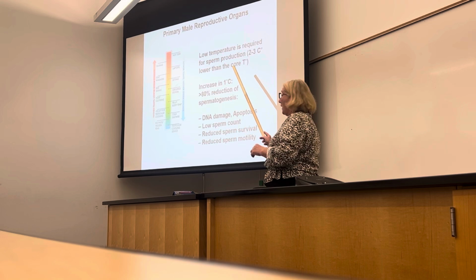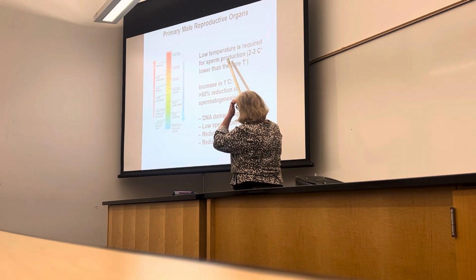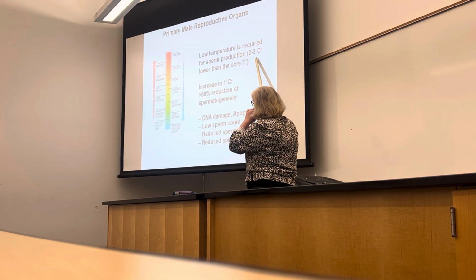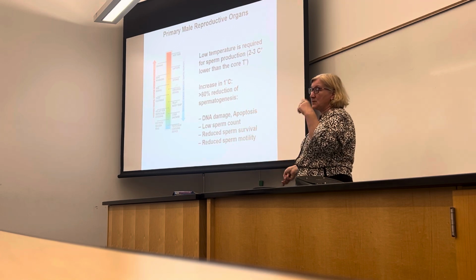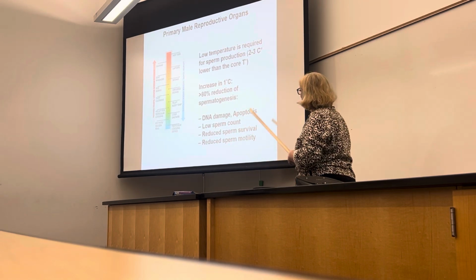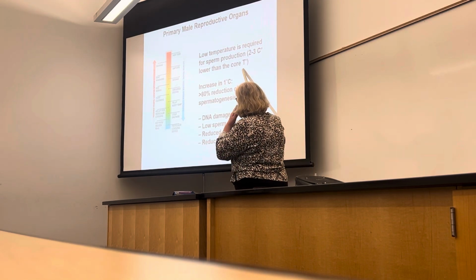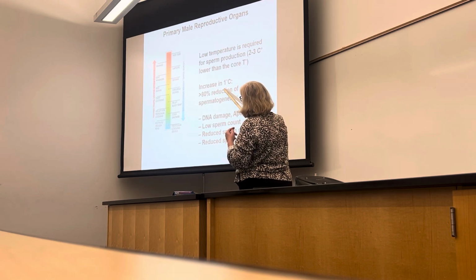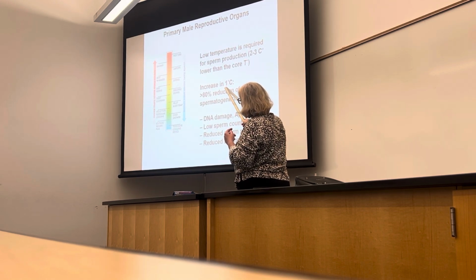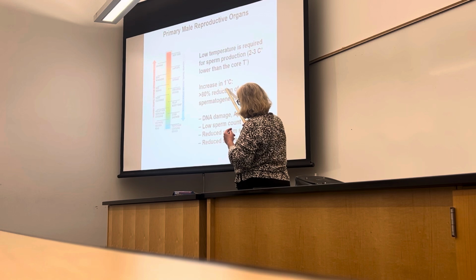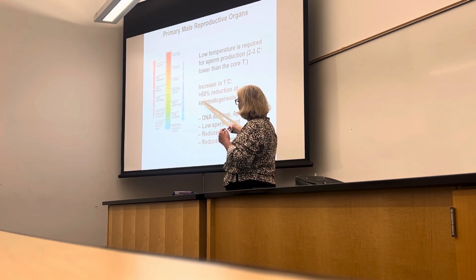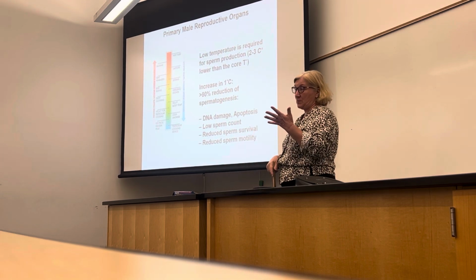So, as we know, a lower temperature is required for sperm production, lower than the core, right? And that's why we have the descent of the testis. So this is very important. And actually, increasing temperature, even 1 degree, will result in an 80% reduction of spermatogenesis.